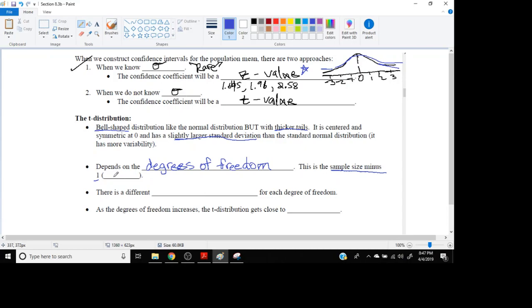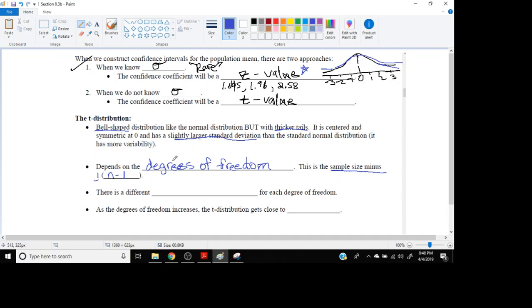And in all of our studies, our sample size is usually n. And so if I subtract 1 from n, I get n minus 1. And so if you want a formula for degrees of freedom, it is n minus 1. That is the number of free values that can be estimated if you know the sample mean. But that's degrees of freedom.